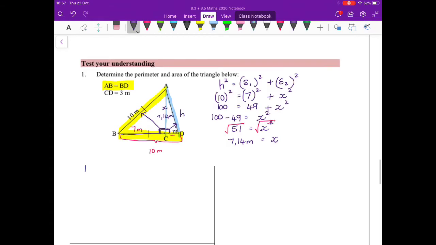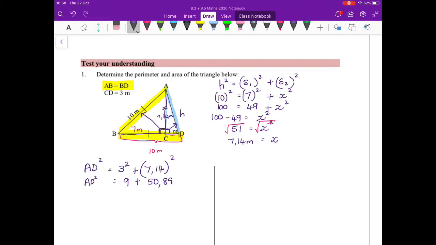So this time I'm going to write hypotenuse squared, AD squared, equals 3 squared plus what I've just calculated, 7.14, and I'm going to square it. So AD squared equals 9 plus 50.89.